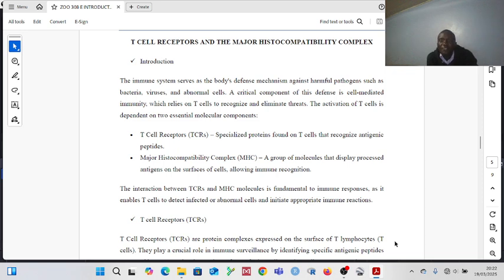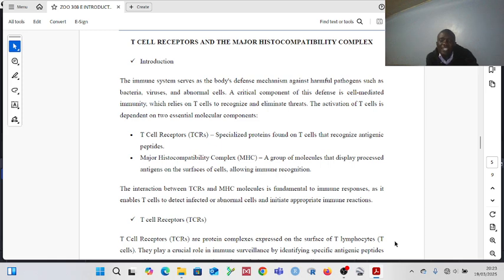So the activation of these T cells is dependent on two essential molecular components. So two things that are critical, two things that the process of T cell activation depends on. One are the T cell receptors. Then two is now the major histocompatibility complex.